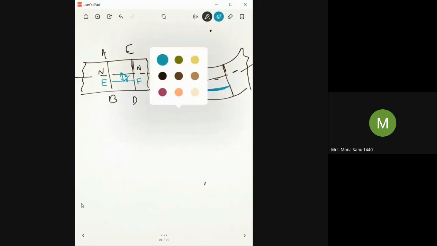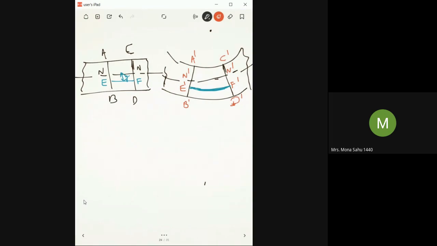And what are the points here? Let's mark the points. A dash, C dash, N dash, N dash, E dash, F dash, and B dash, D dash. And the distance between the neutral layer and the layer that we are considering, that is E dash F dash, is going to be y again.